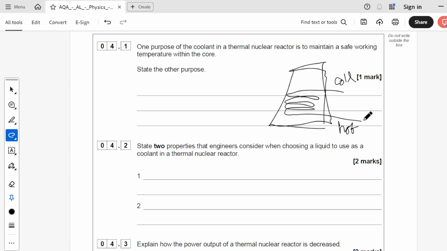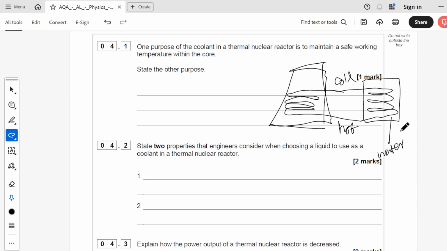Yeah, it's carrying the heat away, and that coolant goes to another heat exchanger, which passes the heat that it took from the reactor into water, and that water turns into steam and takes part in the normal power station stuff.